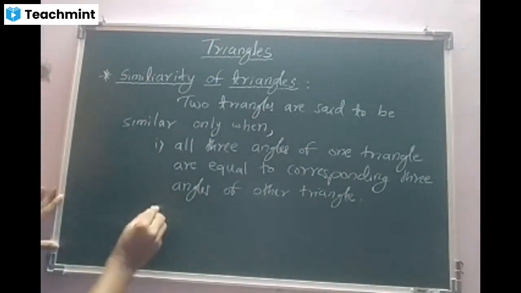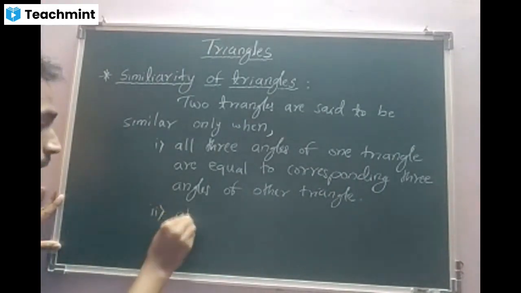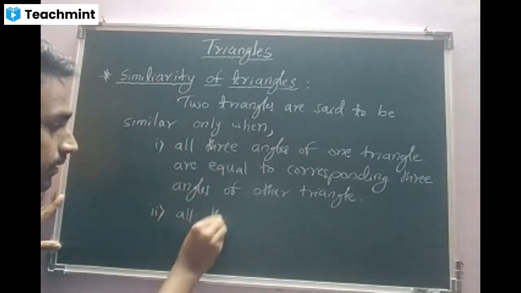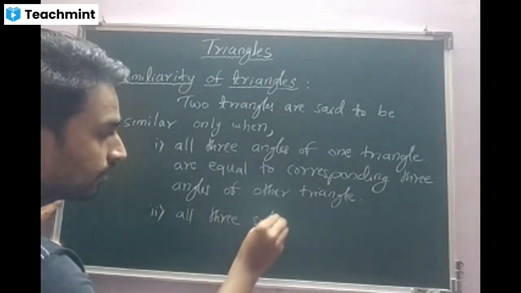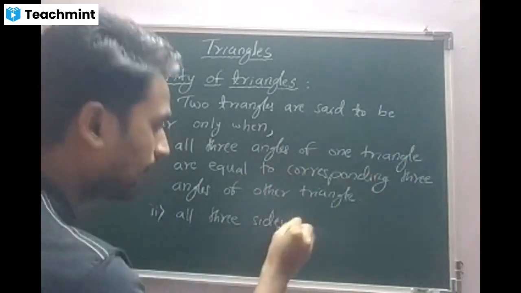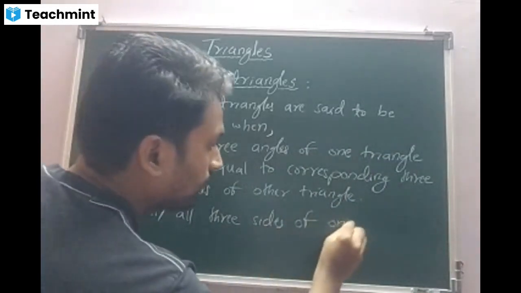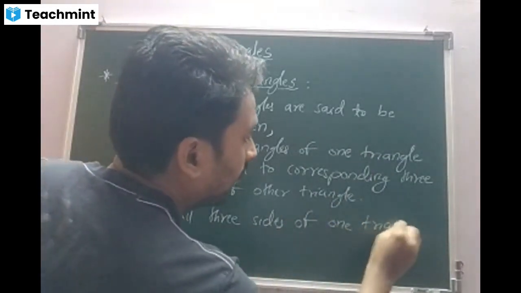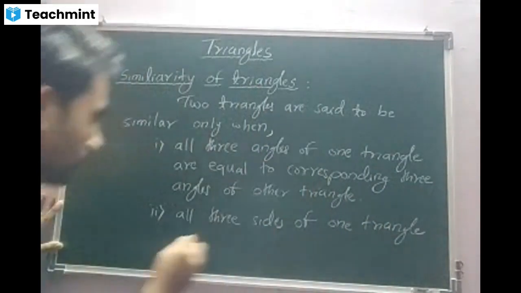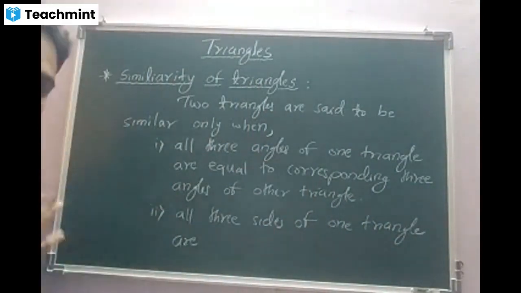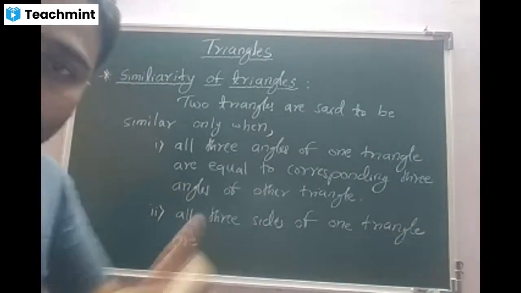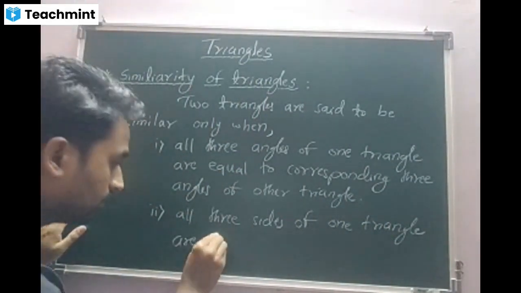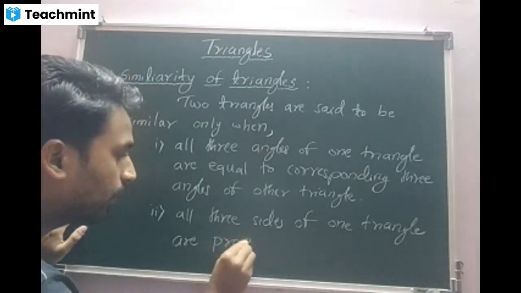Now let us go for the second condition. All three, only the change, beta, angles you have to make it sides. Sides of one triangle are, can you tell me beta, equal will be replaced by one term. What is that term? Proportional. Yeah beta, very good.